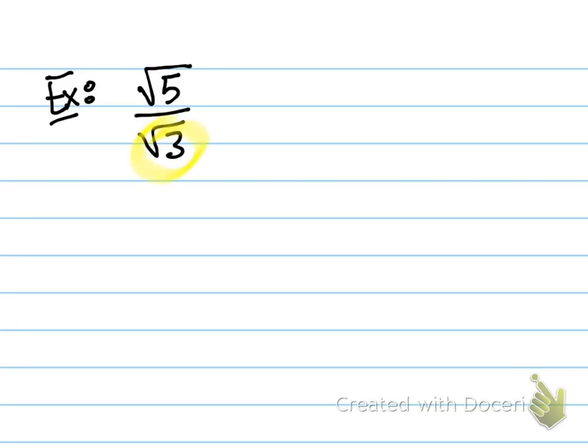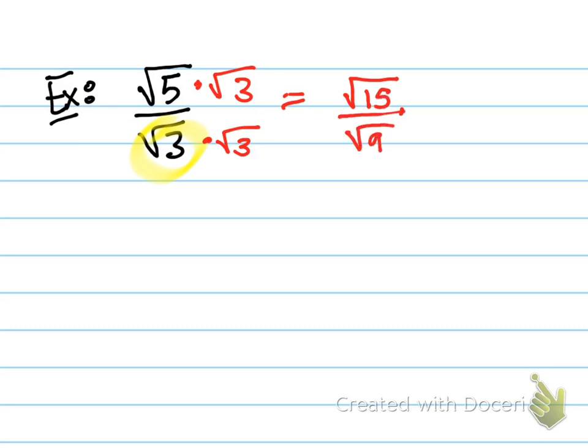So we multiply top and bottom times square root of 3 times square root of 3. This is going to become square root of 15 over square root of 9. And we both know that the square root of 9 is 3. And this is our answer. That's all it is. If you need to simplify, go ahead and simplify. But other than that, you're going to be fine.